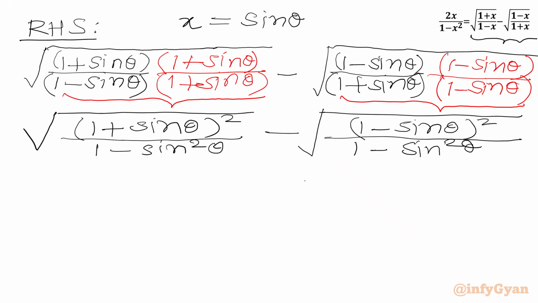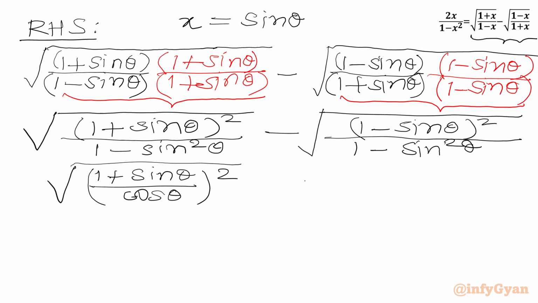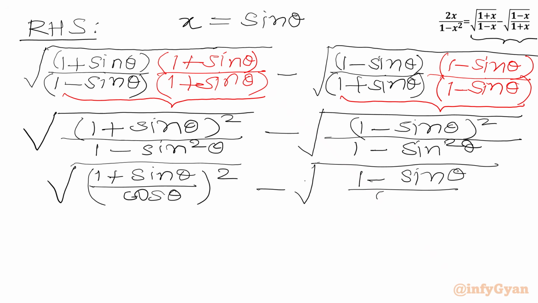Now 1 minus sine square theta is cos square theta. So we can write the square root of 1 plus sine theta over cos theta whole square, minus the square root of 1 minus sine theta over cos theta whole square.